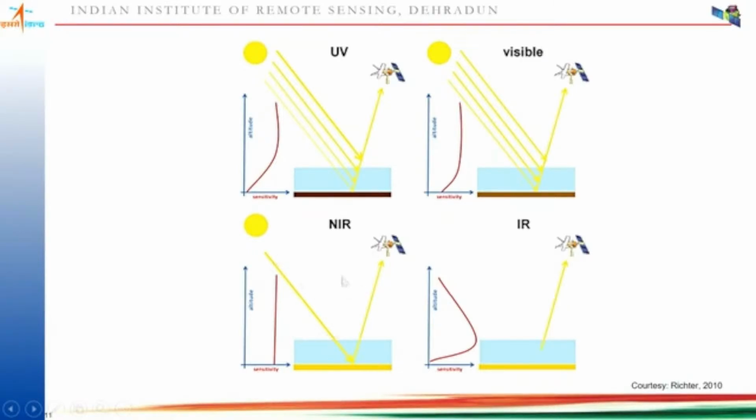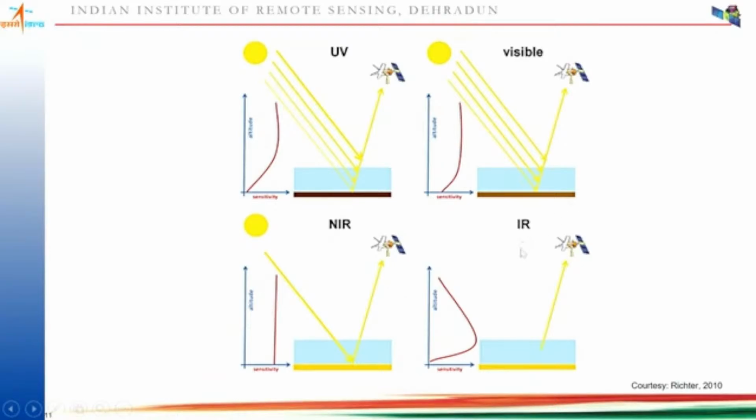The scattering is homogeneous in the column, meaning that it is good for the total columnar measurement, and it senses the species in the total column.